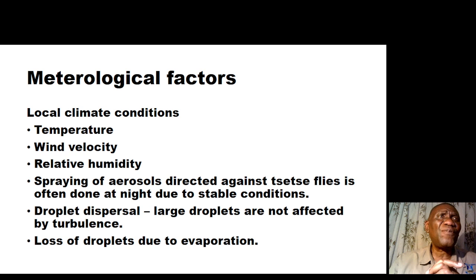Then spraying of aerosols directed against tsetse flies is often done at night due to stable conditions, because during the night maybe the droplets are not disturbed. Droplet dispersal: large droplets are not affected by turbulence or wind.